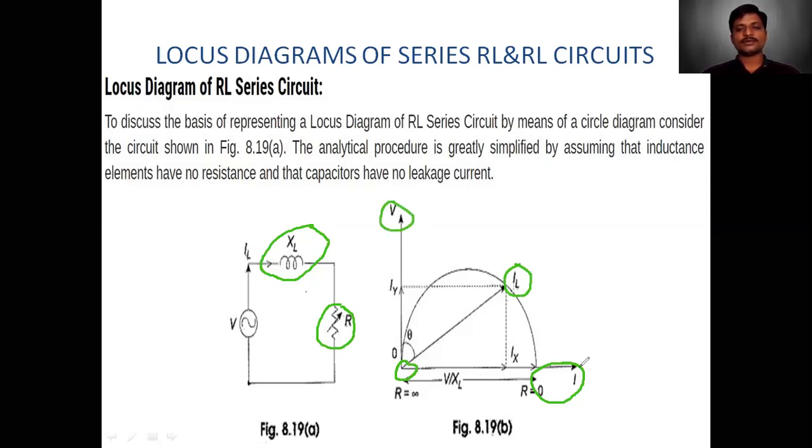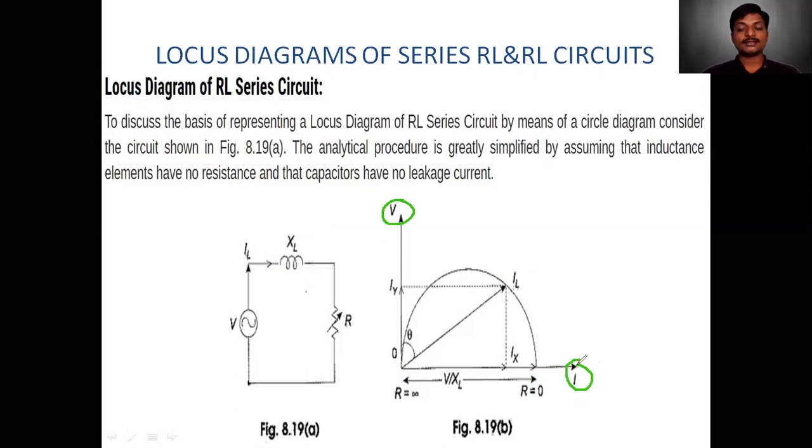First, let us understand the vectors that we are using here. Here we are taking voltage on y-axis and current on x-axis. In an inductive circuit, always current lags behind voltage by 90 degrees.